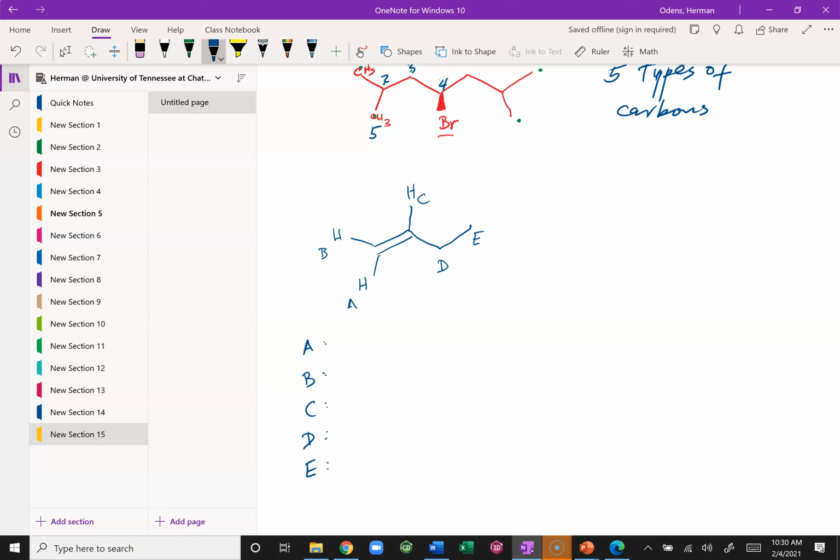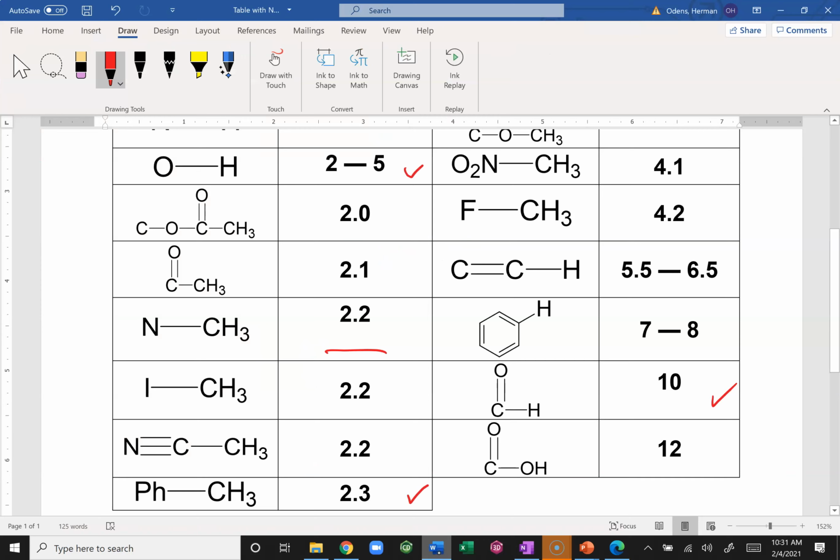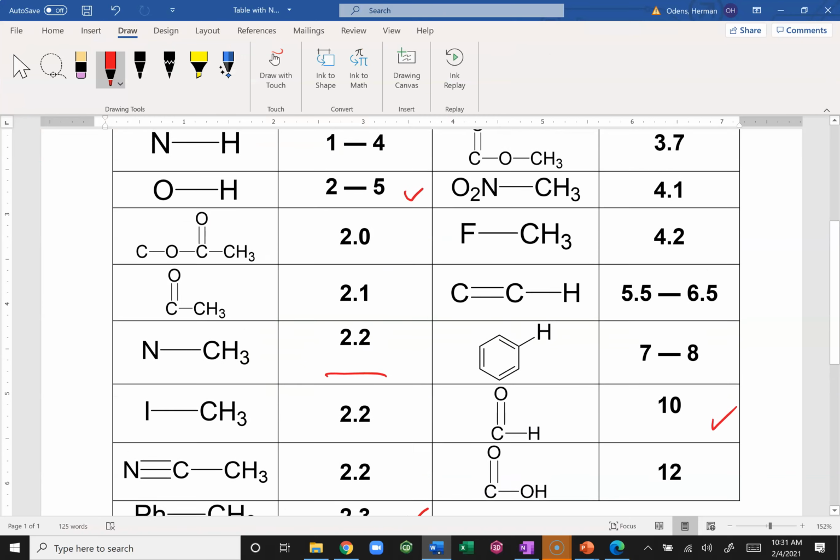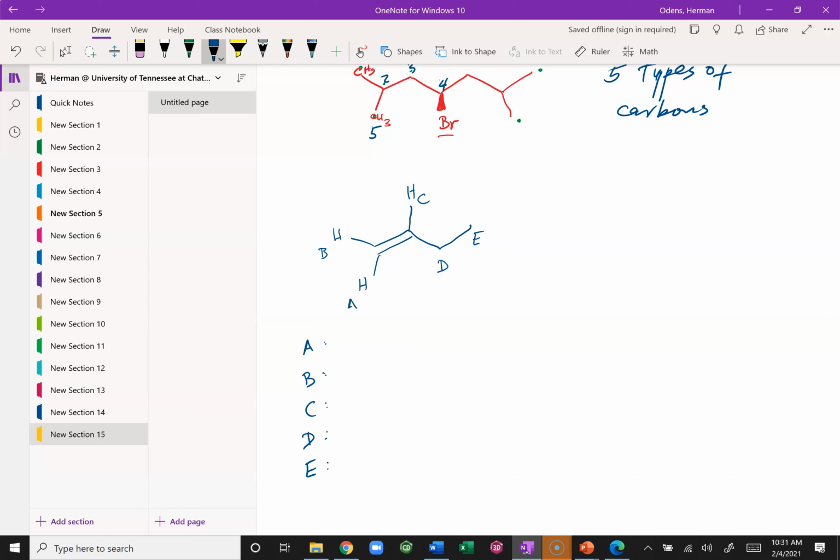A has one neighbor, but it will be split by its geminal hydrogen, so it'll be a doublet. And the signals for the double bonds are right here. It's 5.5 to 6.5. So these are kind of tricky. So A will be a 5.5 to a 6.5.